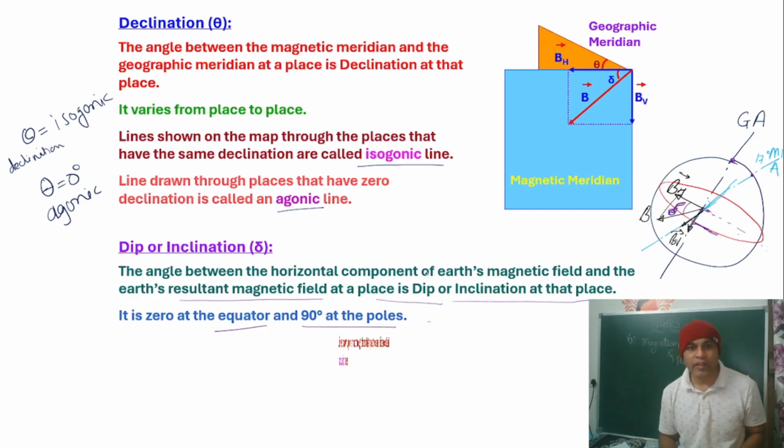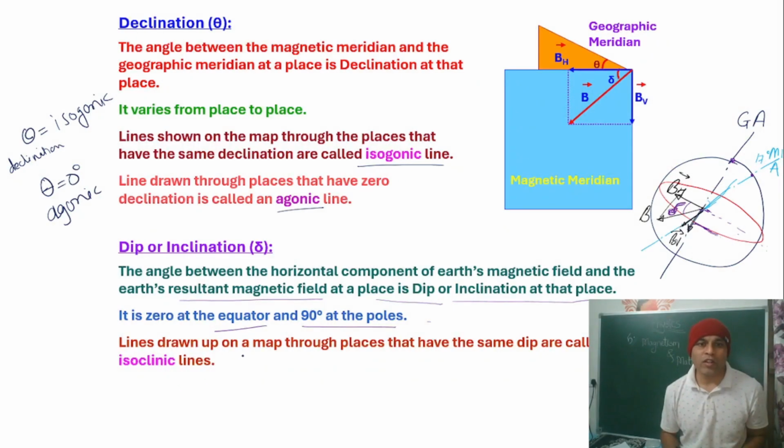Next, lines drawn on a map through places that have the same dip are called isoclinic.